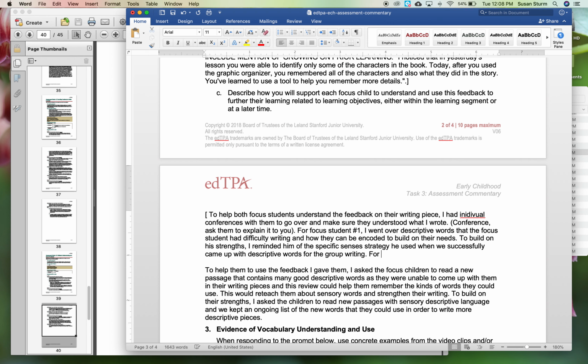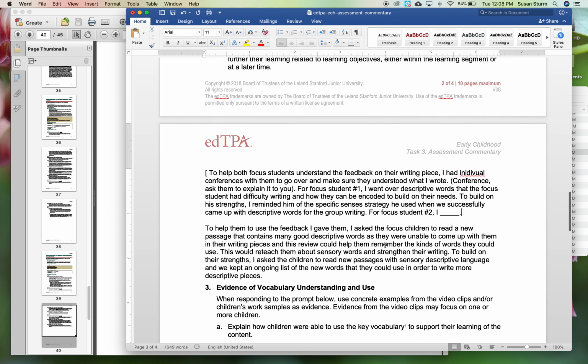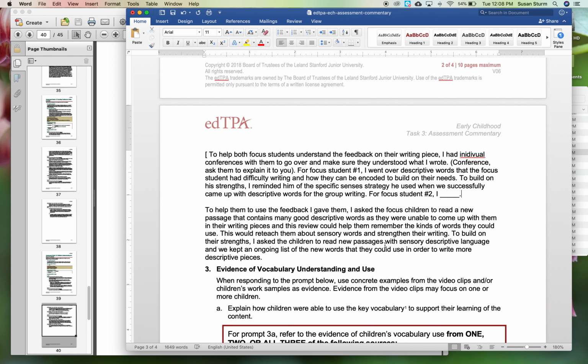And then for focus student number 2, and then a new description of what you did for focus student 2 to help focus student number 1 use the feedback I gave them.